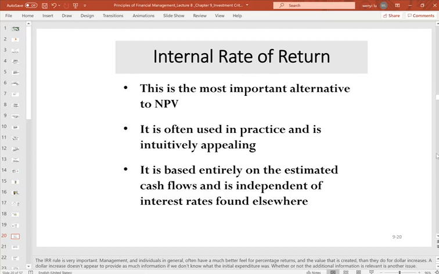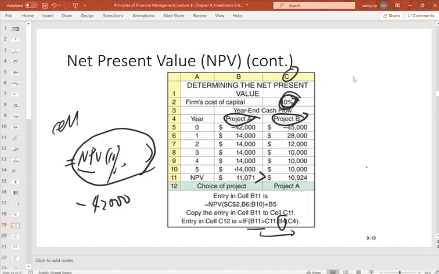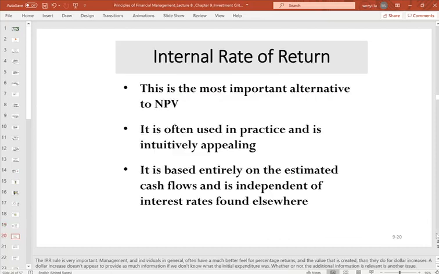As for the first technique, that's also the most important technique. That's why I spend most of the time on this method. The next technique is called internal rate of return. This is the next important alternative to the NPV.